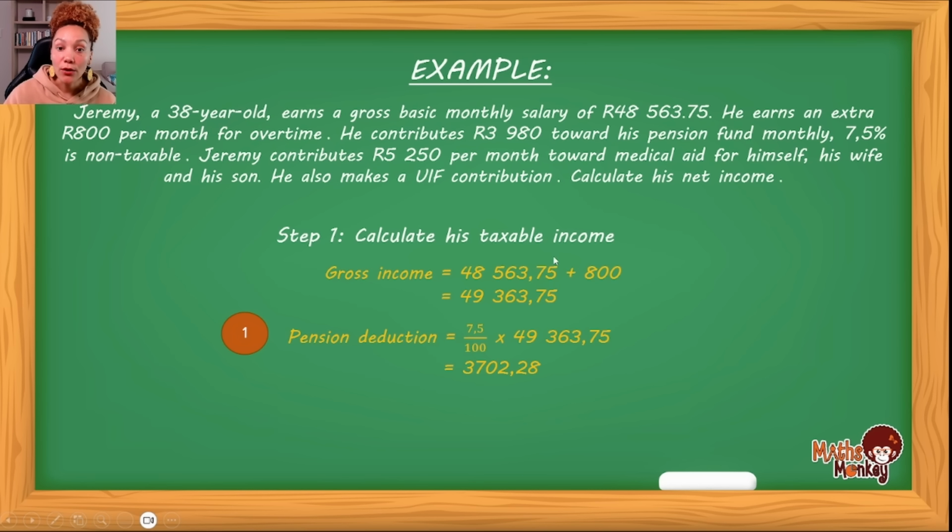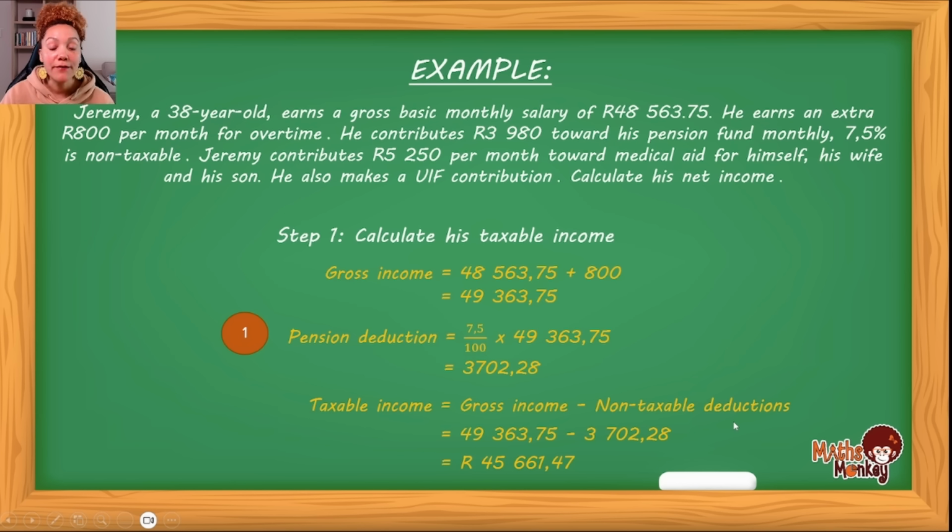Take note though that he contributes 3,980 to the pension fund, but we are only capped at a maximum of 7.5% that we can deduct to calculate our taxable income. So to calculate the taxable income, we say gross income minus the non-taxable deductions, which is then 45,661.47. This is now the amount that he's going to be taxed on.